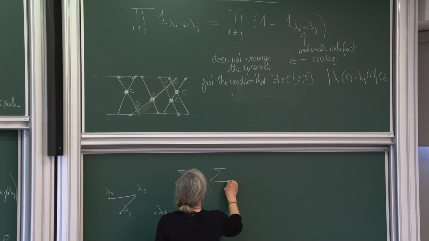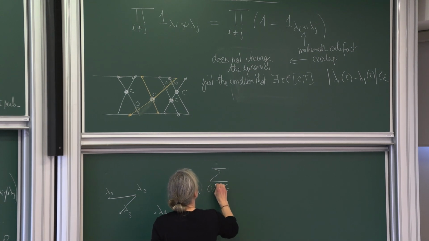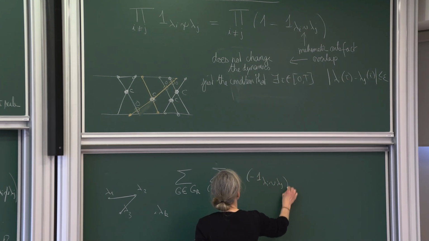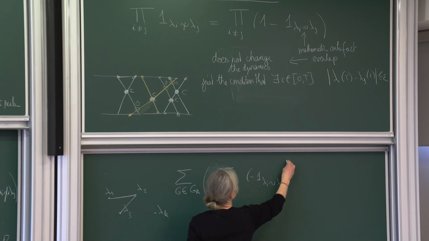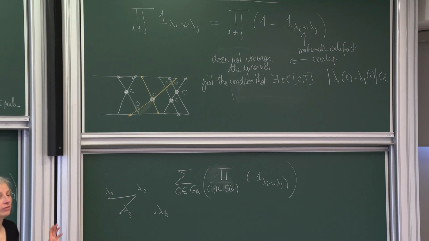So for any edge ij in G, you have minus 1, and probably it's the product. Okay, so that's just the expansion of the product. Nothing important here.